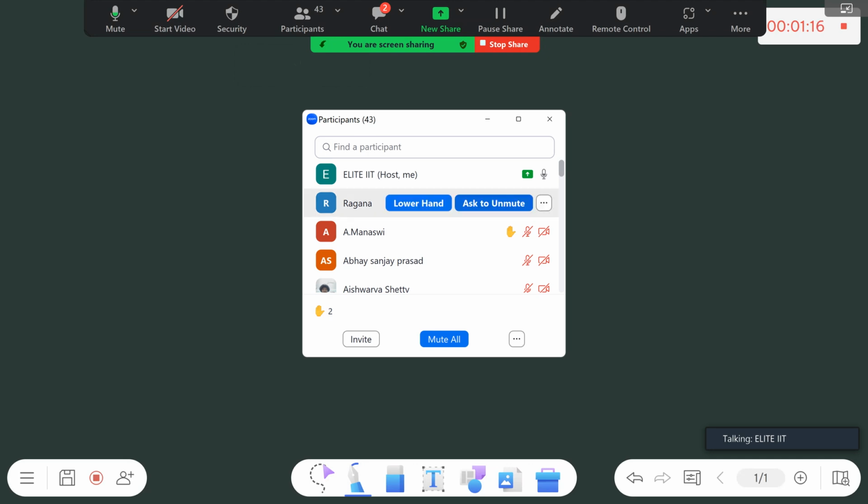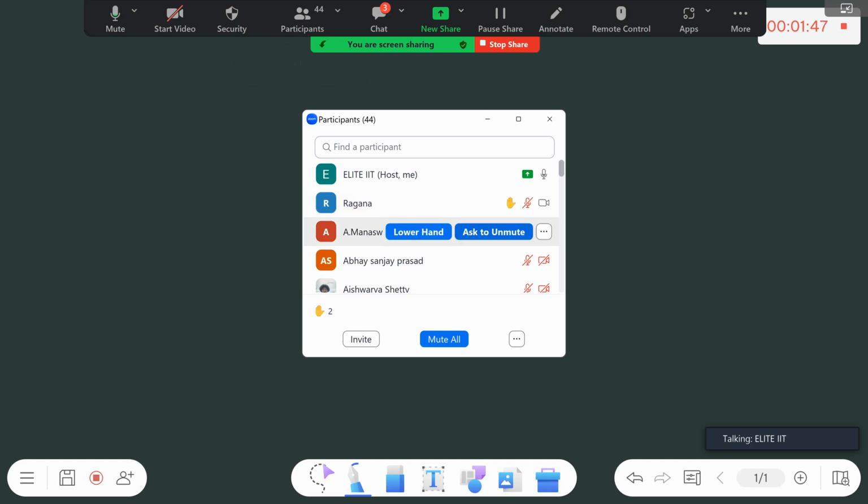Yes, Ragana, you can unmute and tell me. Why did you raise your hand? Okay. Later on, for 15 minutes, we'll be clearing all the doubts.